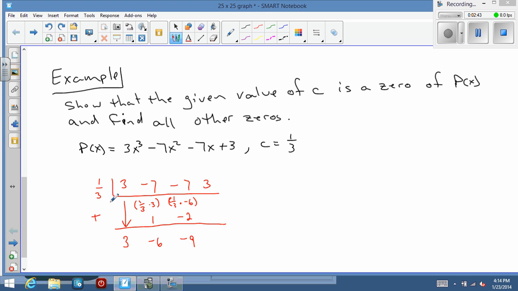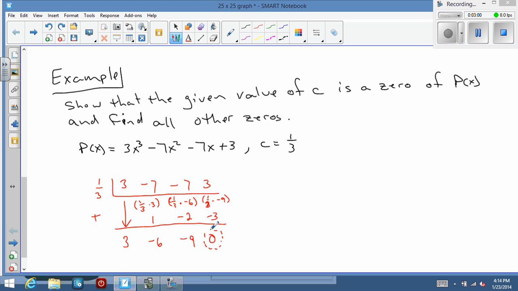And 1/3 times -9 is -3. And 3 plus -3 is 0.